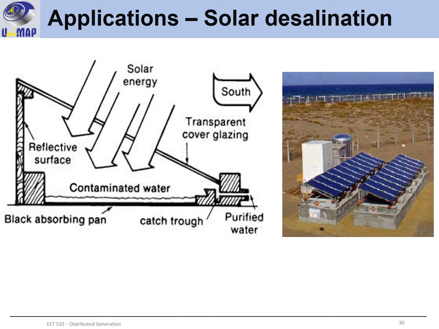The solar collector technology can also be used for the solar desalination process, in which we want to produce pure water when we have contaminated water.